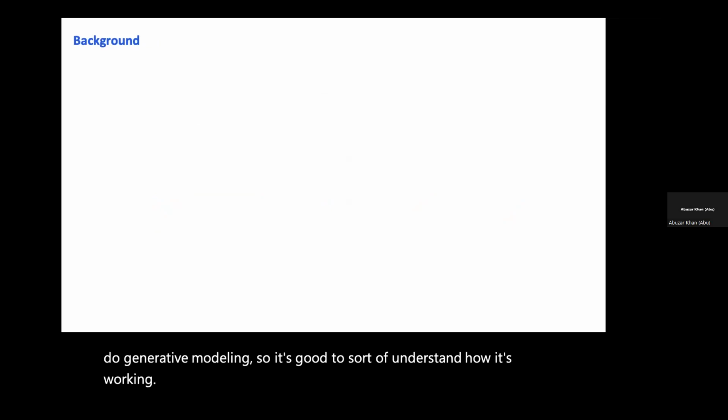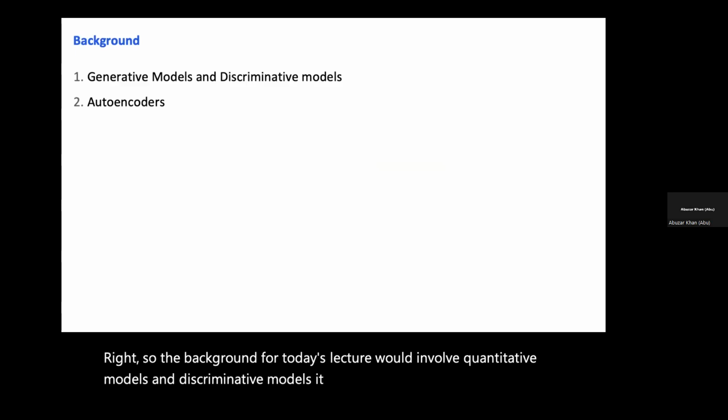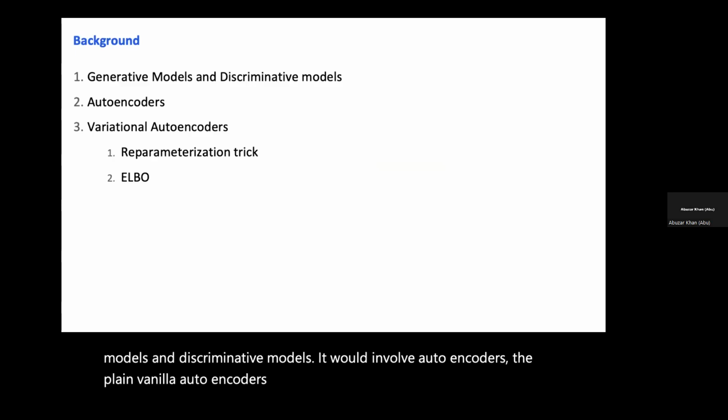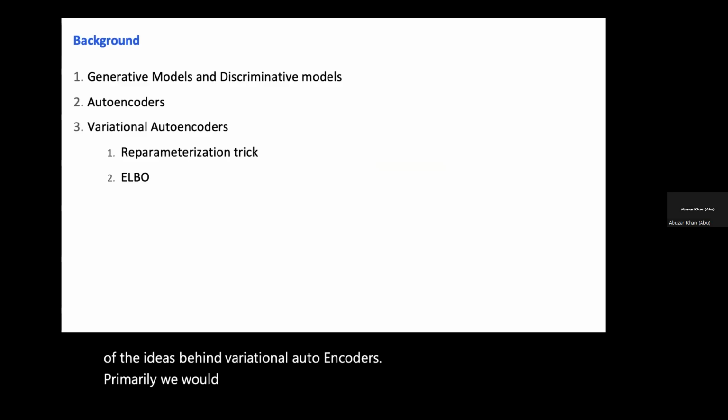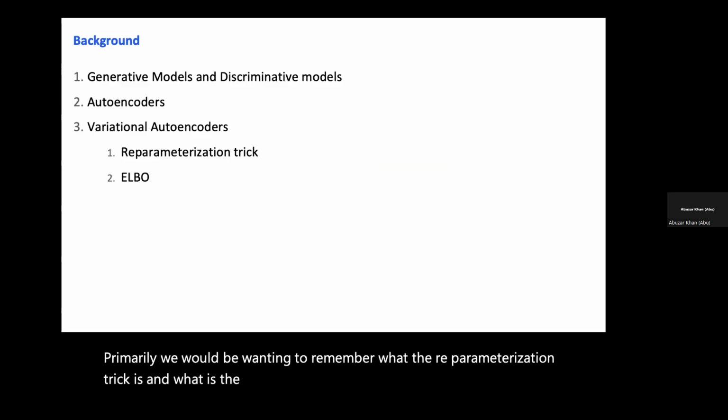Right. So the background for today's lecture would involve, of course, generative models and discriminative models. It would involve autoencoders, the plain vanilla autoencoders, and it would of course involve some of the ideas behind variational autoencoders. Primarily, we would be wanting to remember what the reparameterization trick is and what the evidence lower bound is.